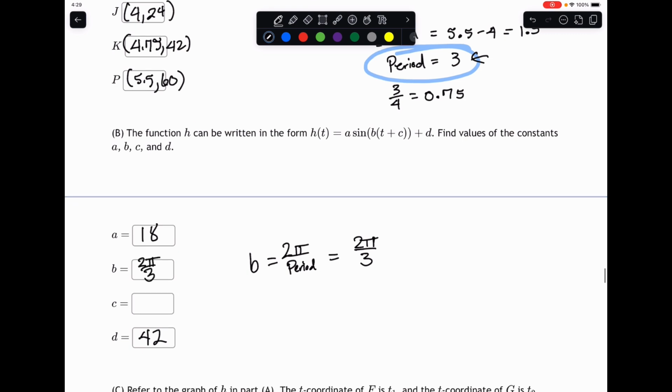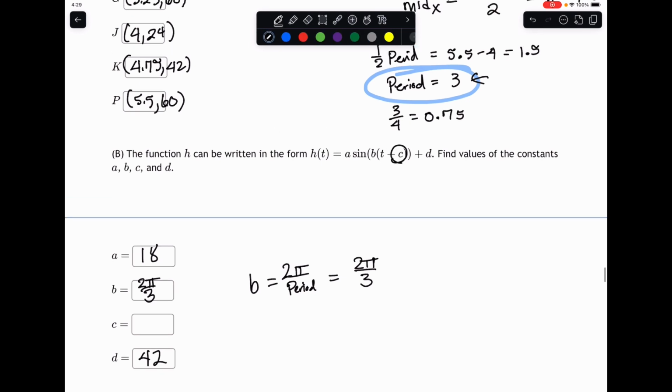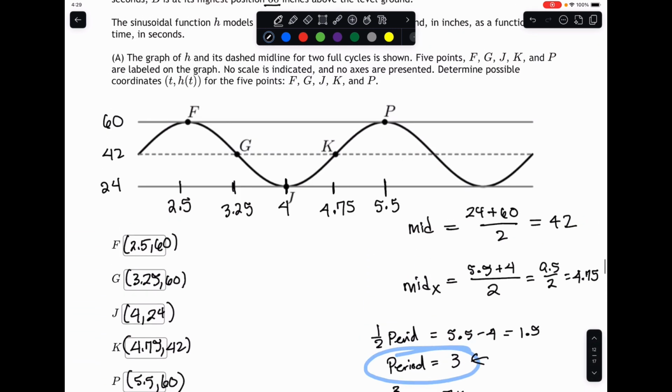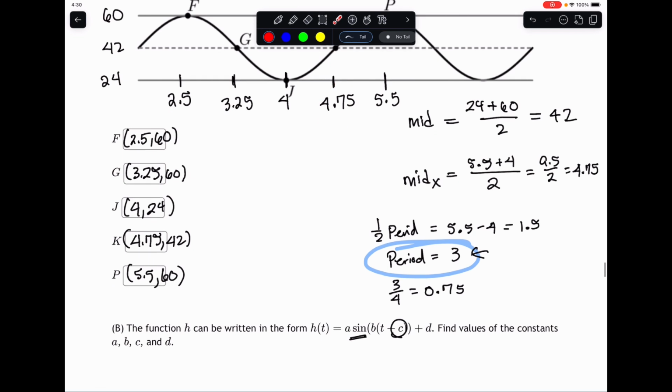And for our phase shift, so our horizontal shift, C, well, since we want to create a sine function, we can create a sine function by starting here and going up and going down, or again using just k. So if I start at k, go upwards, k starts at the x value of 4.75, or t value 4.75, that means that we would have to subtract it in order to move it to the right.